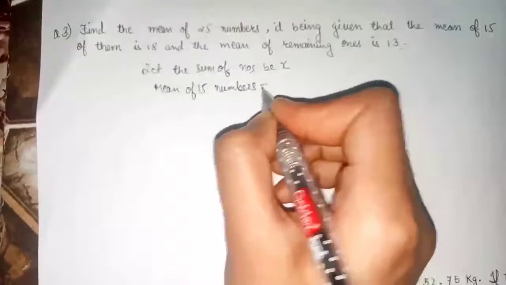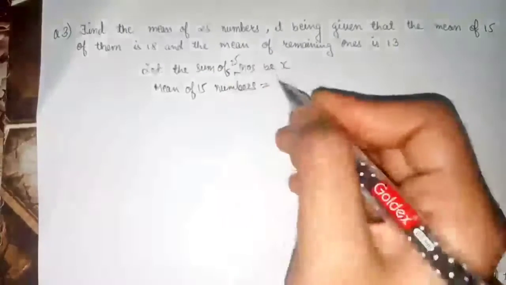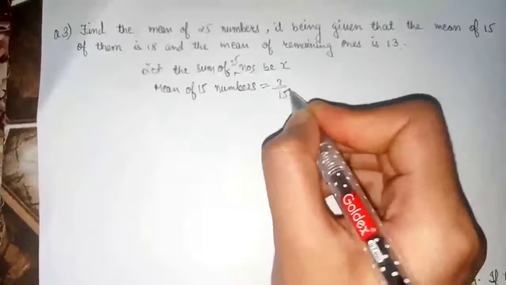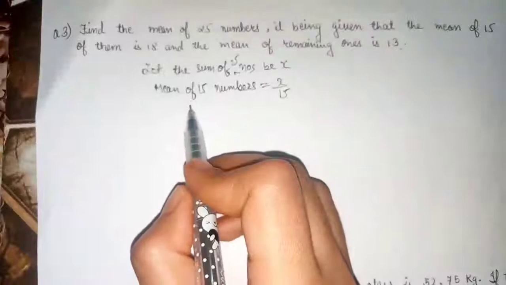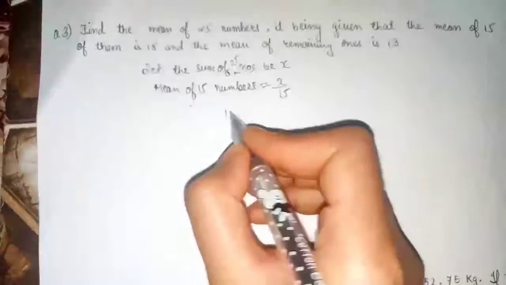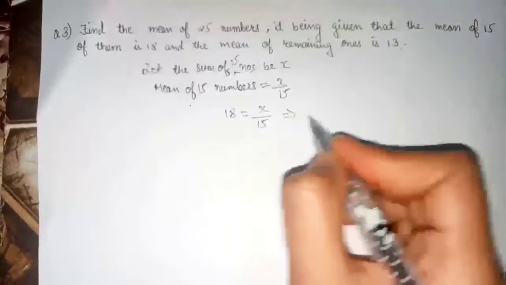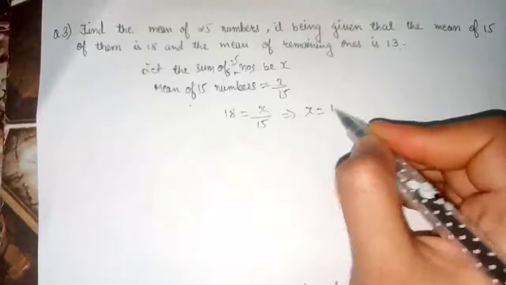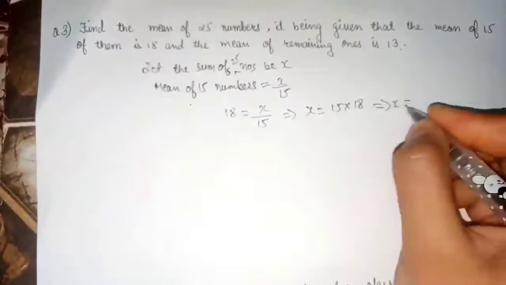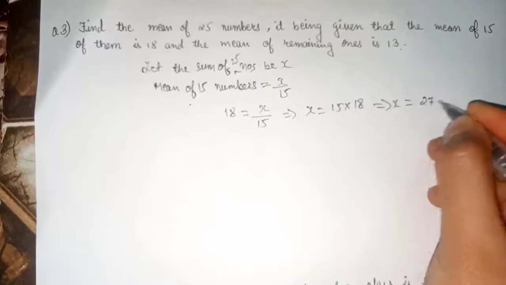If the sum of 25 numbers is x, then the mean of 15 numbers will be x divided by 15. But it is given that the mean of 15 numbers is 18, so 18 equals x by 15, that is x equals 15 into 18. When you multiply 15 into 18, the answer will be 270.